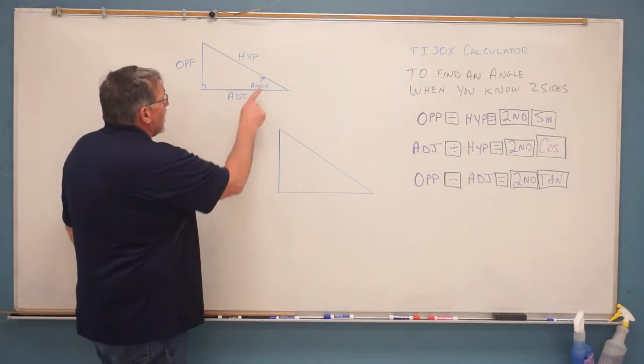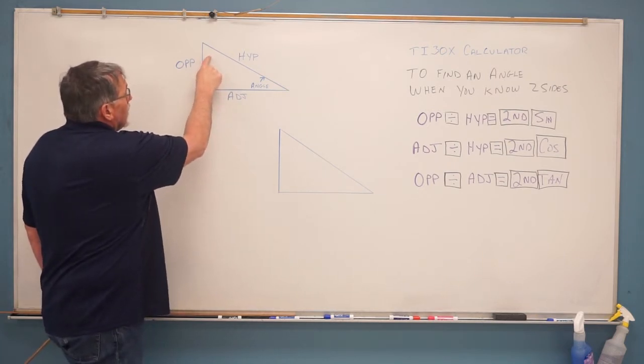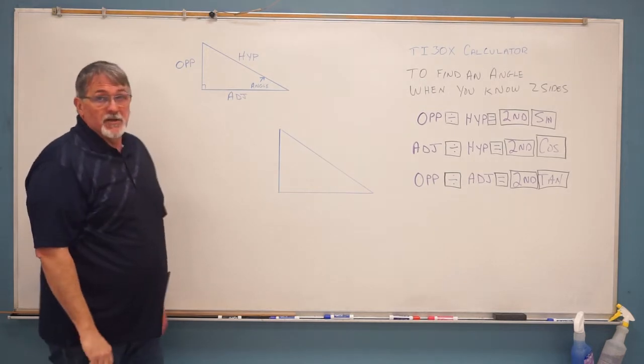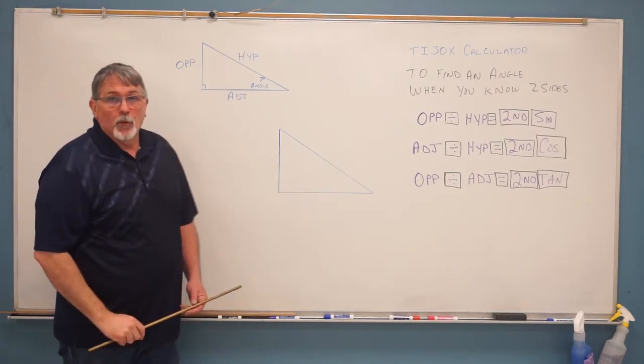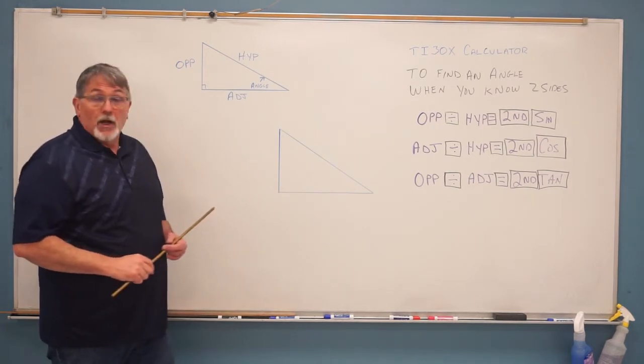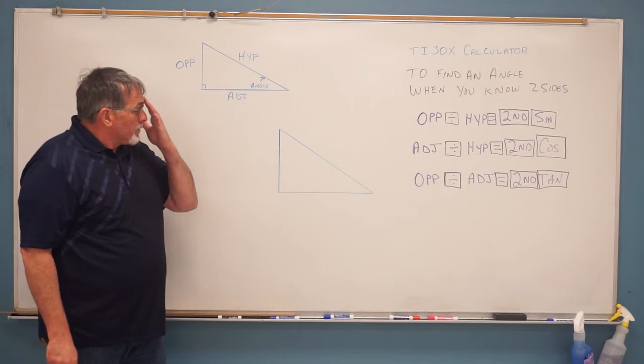So if we were to change this and say we want to calculate for this angle, then this becomes the opposite side and this becomes the adjacent side. And we're going to try a couple different ones of those here right on the board. And I'm going to walk you through it on the calculator, and you'll be able to see how this works.